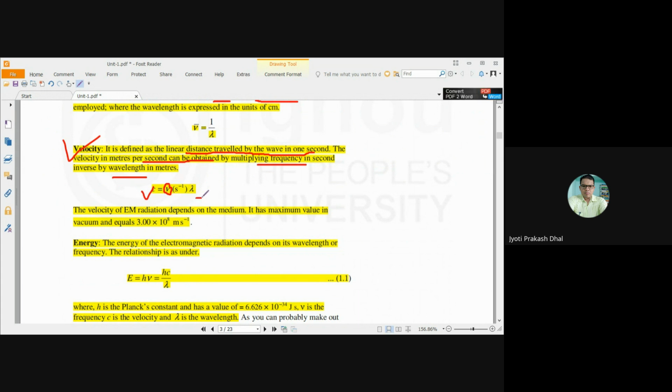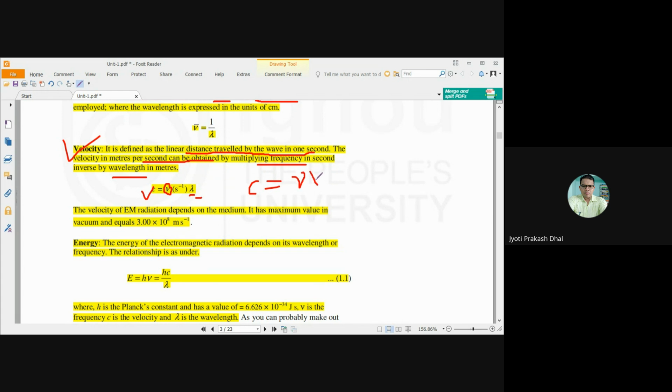frequency into wavelength. Frequency means the number of complete waves passing through a point in 1 second, and wavelength means the distance of a complete wave. So that is nothing but the distance traveled by the wave per second. So c equals nu into lambda.